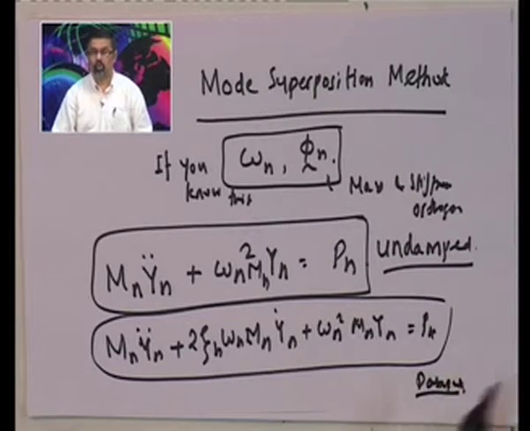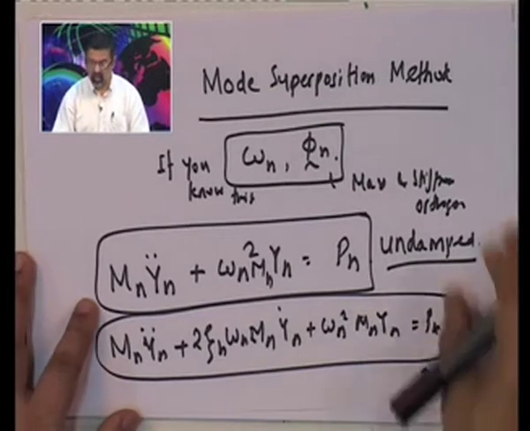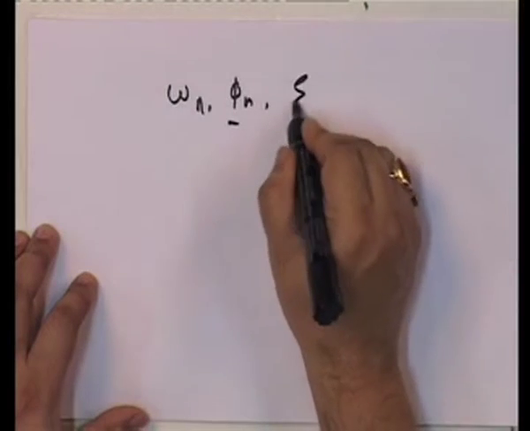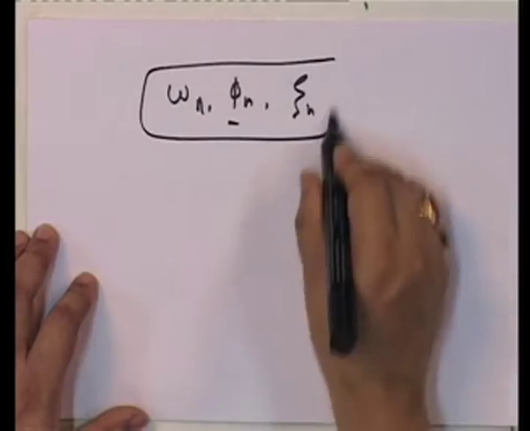This is what a damped system would look like, and we also said that along with omega n and phi n for the mode superposition method, all we need to do is define this parameter, xi in n.